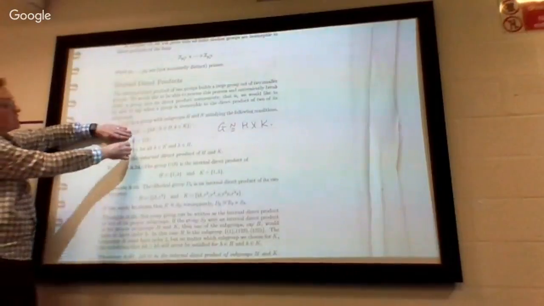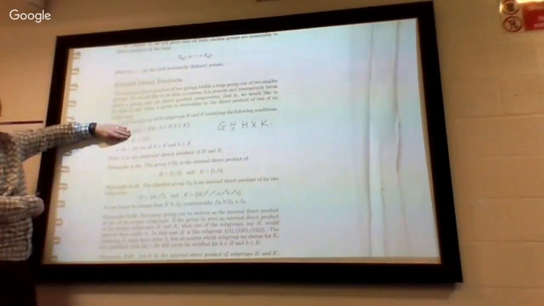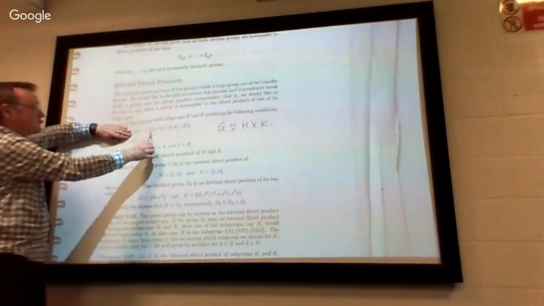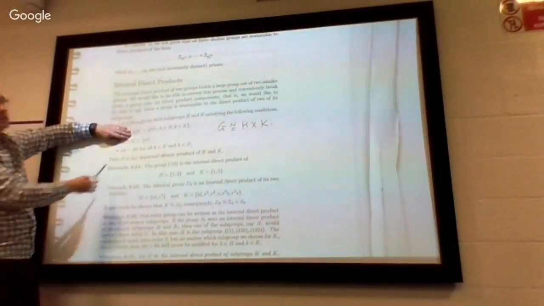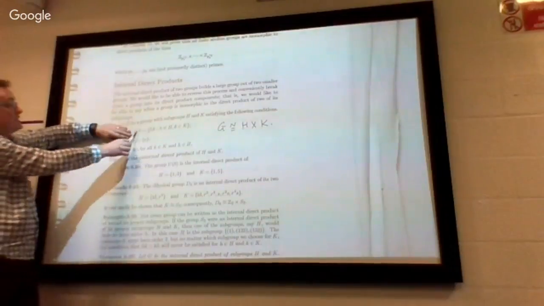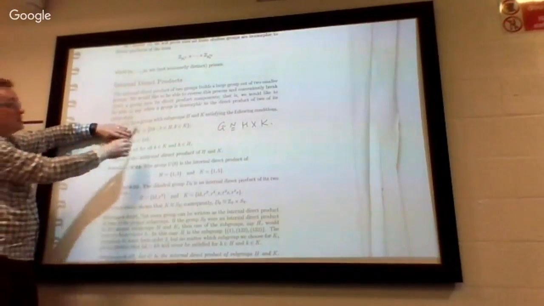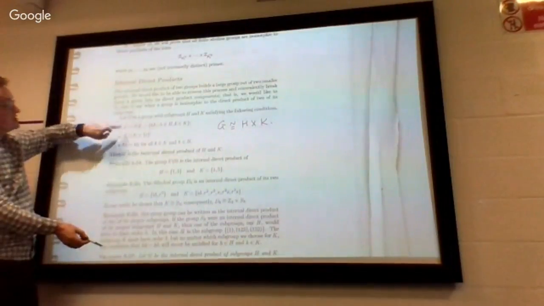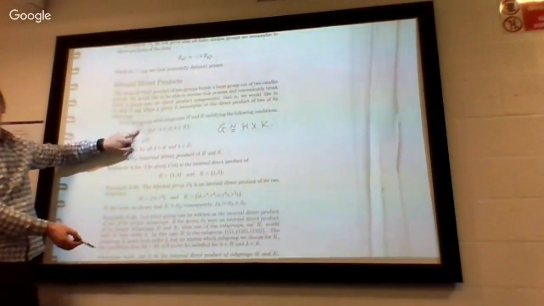How you take a product of subsets, subgroups: it just consists of the set of all the possible products, one element from this multiplied by one element from that. When H and K are subsets of G, this gives you another subset. So this condition is saying G must be equal to that product.